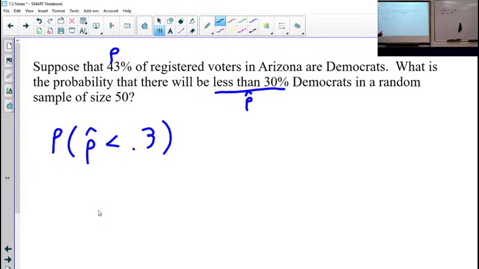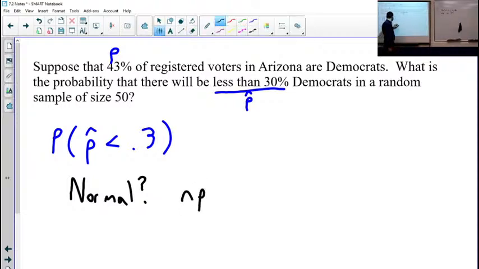Hold on before we do any more calculations. Normal? We're going to check n times P and n times 1 minus P. What's our n? 50 is our sample size.